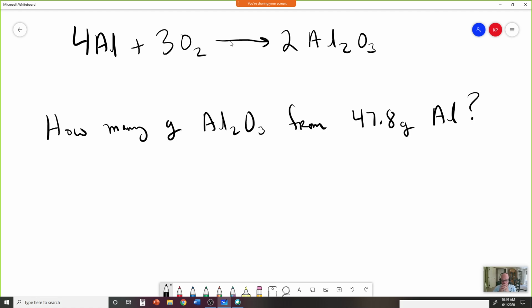Okay. The next thing is, do I see grams anywhere? Do I see grams? And I look through my problem, and you have to look physically through the entire problem. Do you see any grams? And I do. I see grams aluminum oxide.